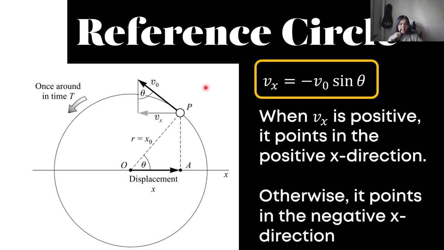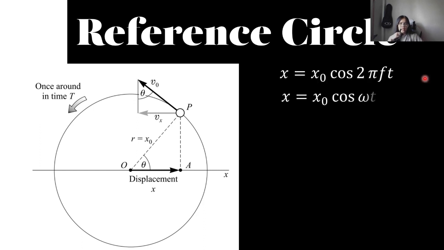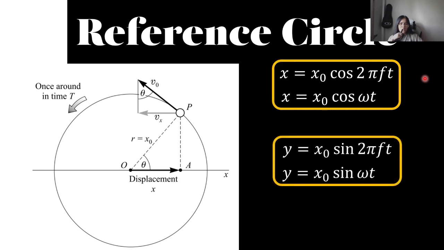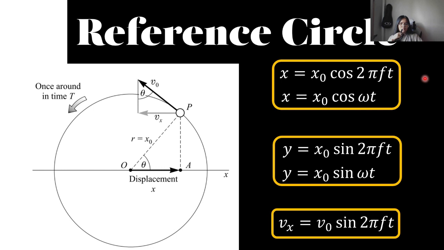Otherwise, it points in the negative direction. For this one, nakapoint siya sa negative, kaya siya may negative sign. And then, ito yung mga kailangan, yung formula na galing sa reference circle. Take note nyo na lang 'to.